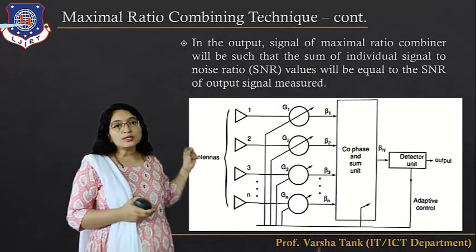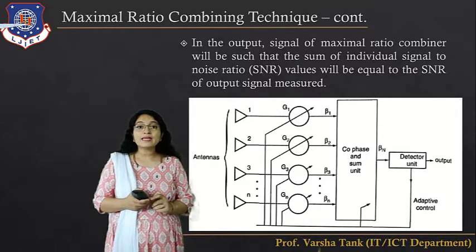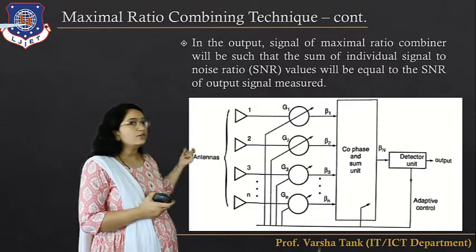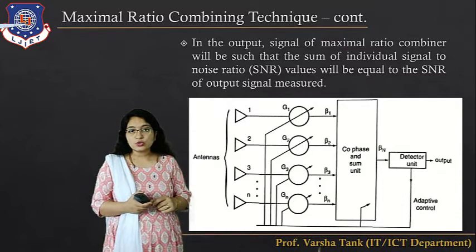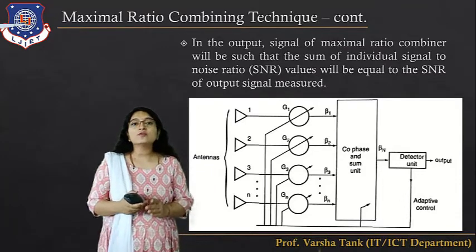Now the output signal of the maximal ratio combiner will be such that the sum of the individual signal to noise ratio values will be equal to the SNR of the output signal.